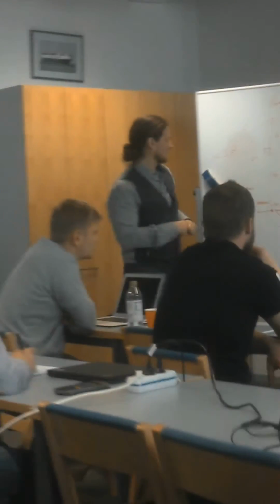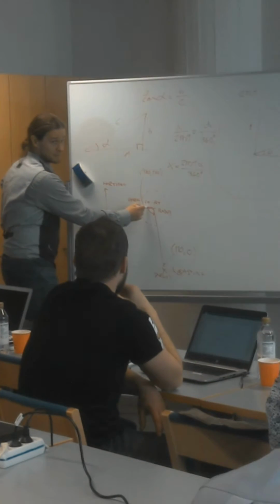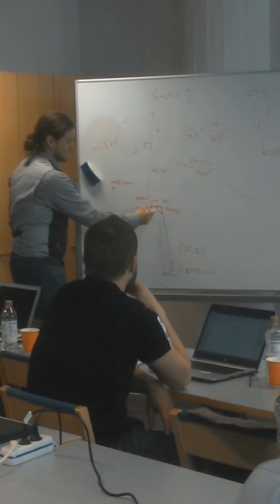Why is it 90 degrees and going down? Why isn't it 90 degrees going upwards? Because this radar reference angle was in this direction, towards west, right? And you measure the azimuth 90 degrees from there.